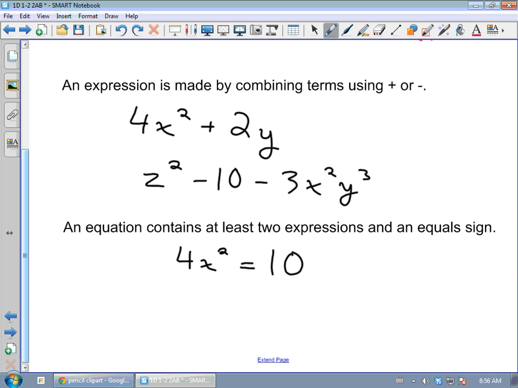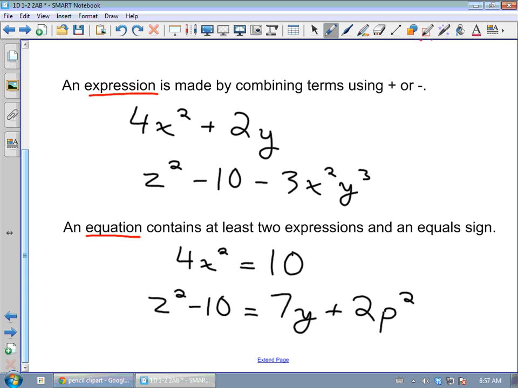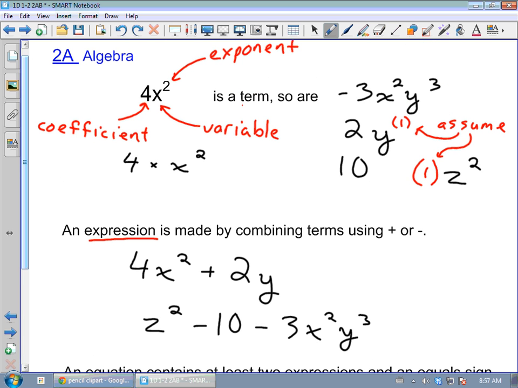Or something like z squared minus 10 equals 7y plus 2p squared. Once you put an equal sign somewhere between those expressions, you have an equation. So those are the 3 key terms here: equation, expression, and term.